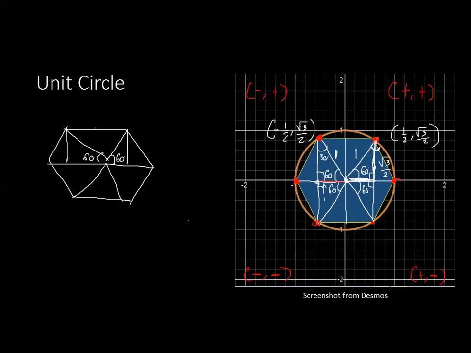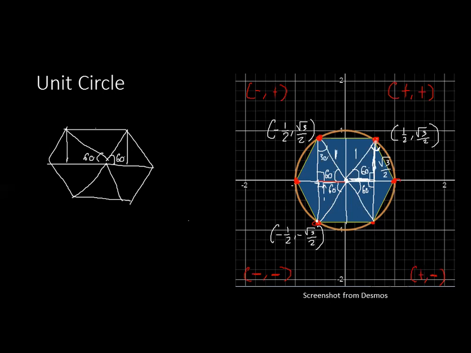Okay? So here, at this vertex, same value, but the signs will differ. So this is negative 1/2 and negative square root of 3 all over 2. If you want me to explain again, if we get the distance from the origin up to this vertex, horizontally speaking, it would be 1/2 units.